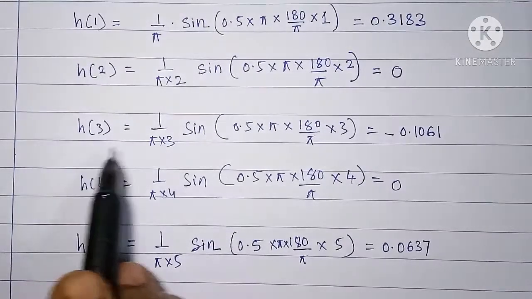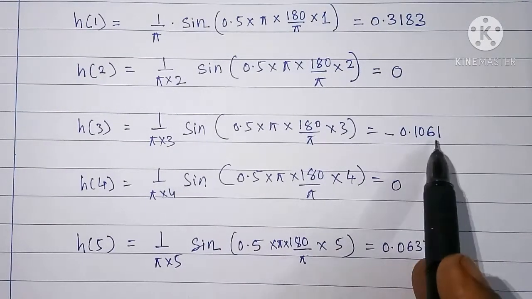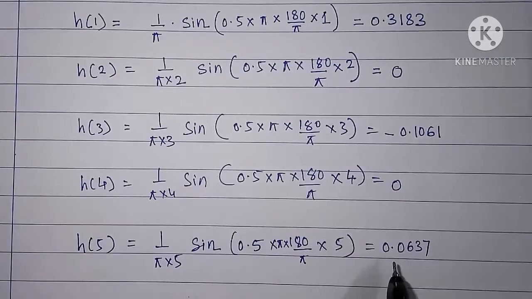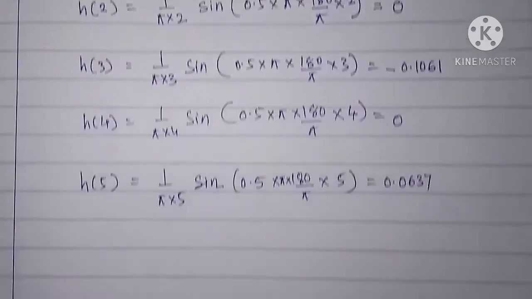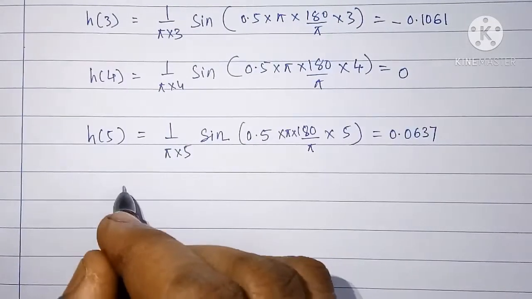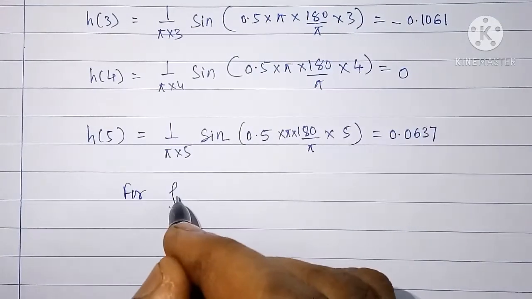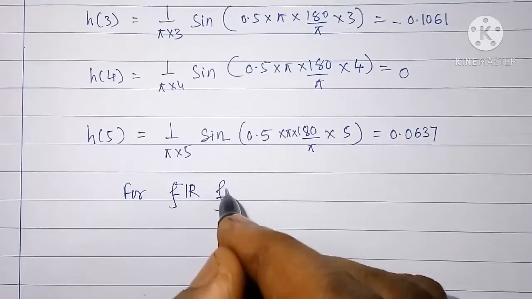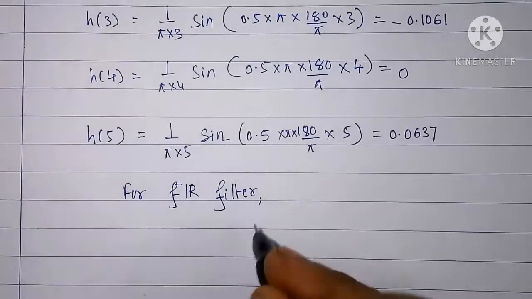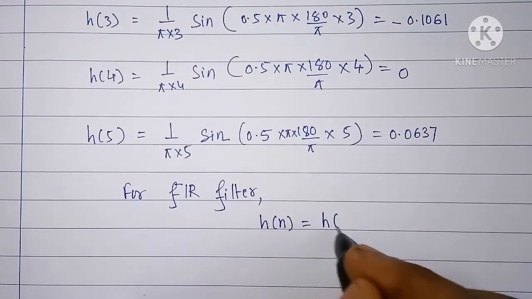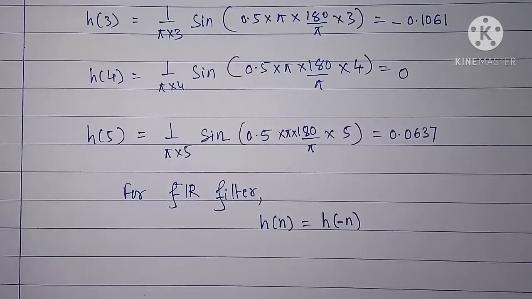So we get h of 3 equal to minus 0.1061, h of 4 equal to 0 and h of 5 equal to 0.0637. And we know that for FIR filter, h of n is equal to h of minus n.